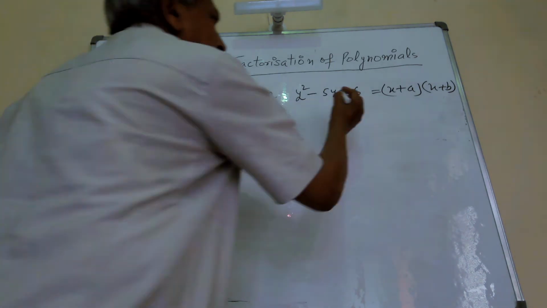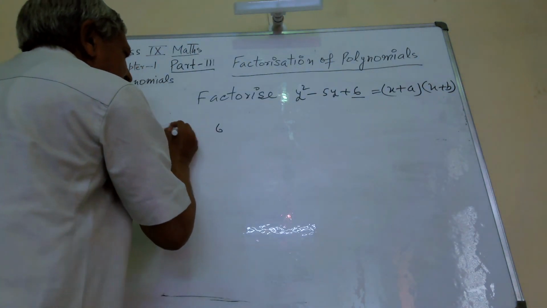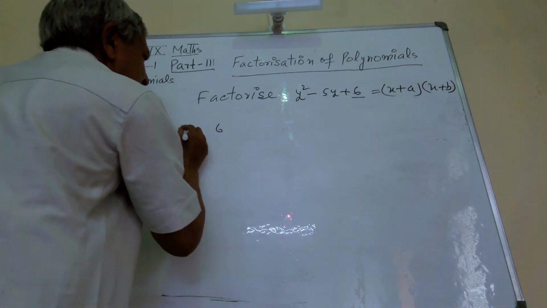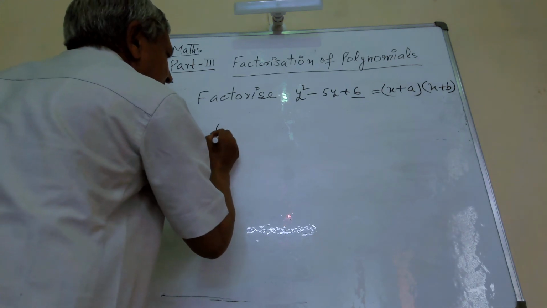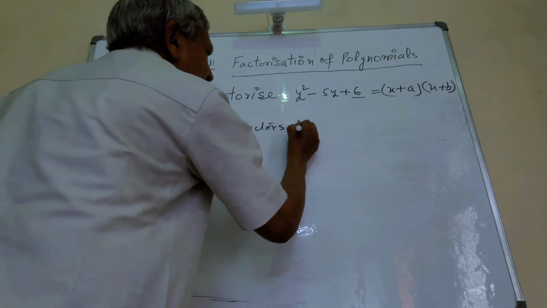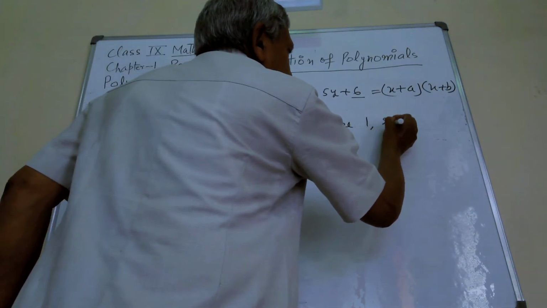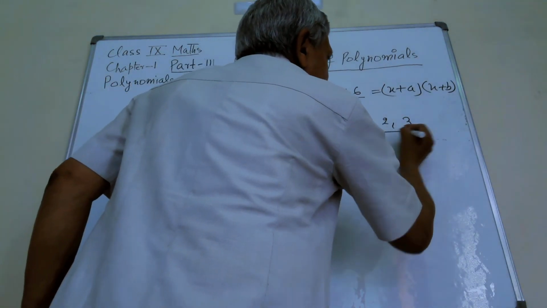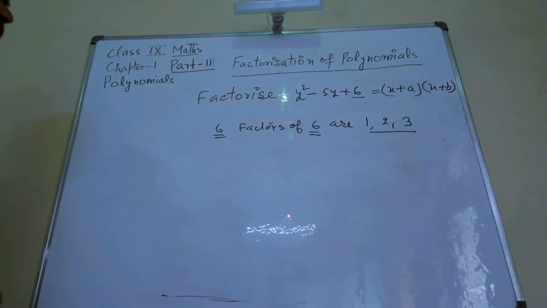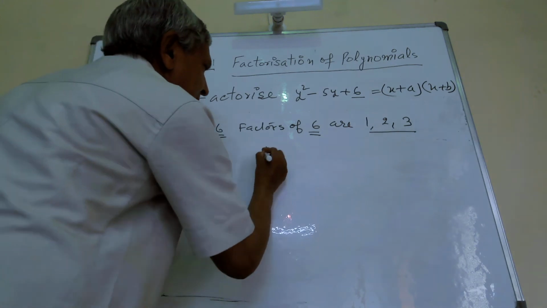Now take this 6 and the factors of 6. Factors of 6 are 1, 2, 3. And we have to check one by one in P(y).